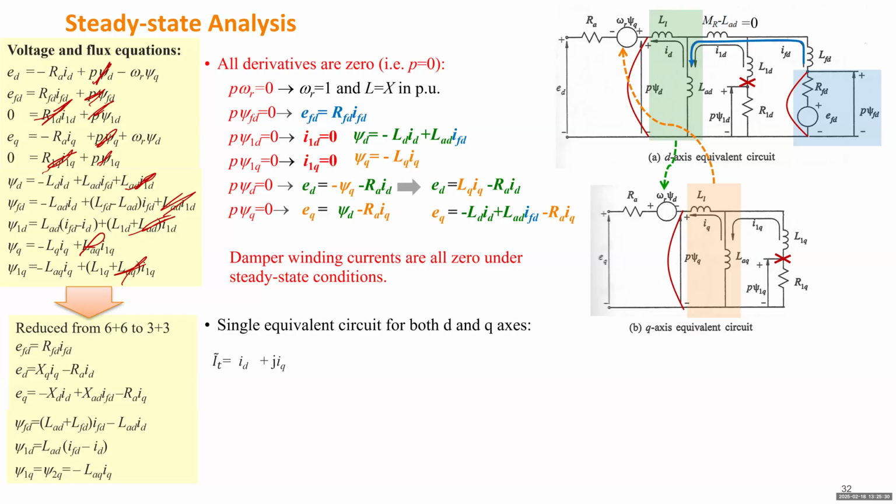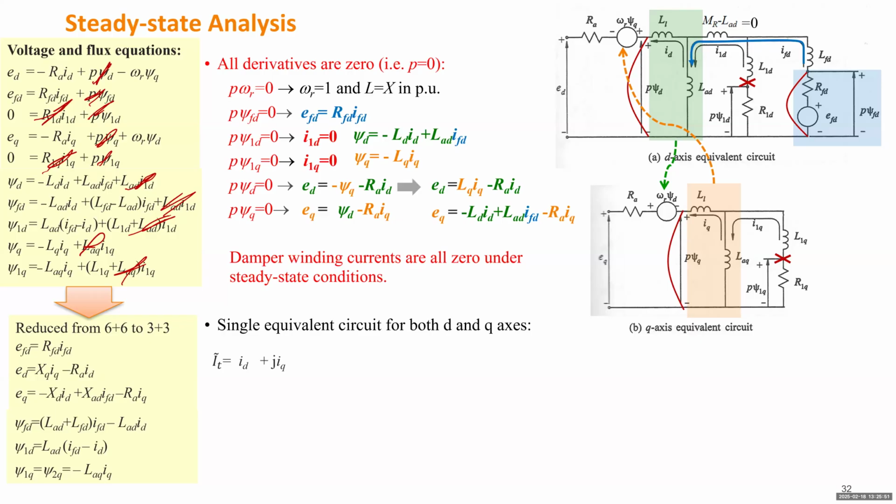Okay, so now we introduce the terminal current. Terminal current is defined to be the instantaneous current in the D axis plus j multiplying the current in the Q axis. So here I_T tilde means it's a phasor.